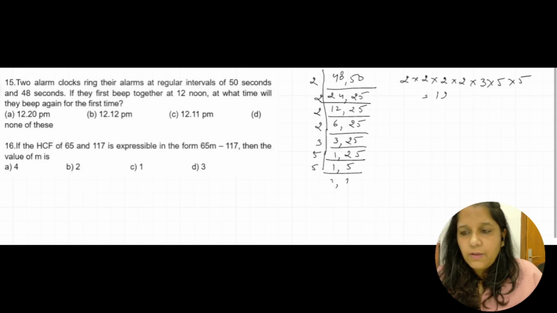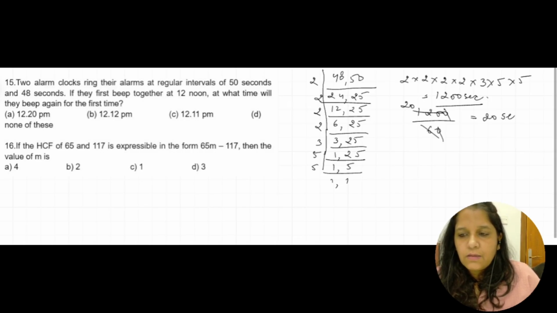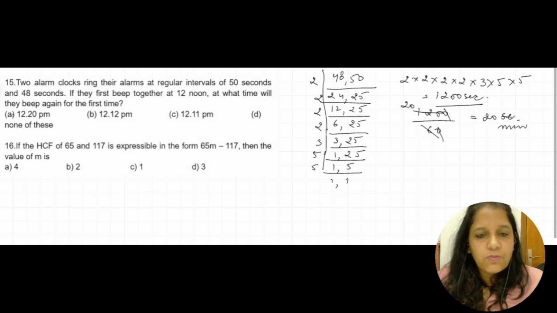So after you multiply you're going to get 1200 seconds. Now convert this 1200 seconds into minutes. What are we going to do? 1200 divided by 60. So you'll get 20 minutes. So the answer will be 12:20 p.m.